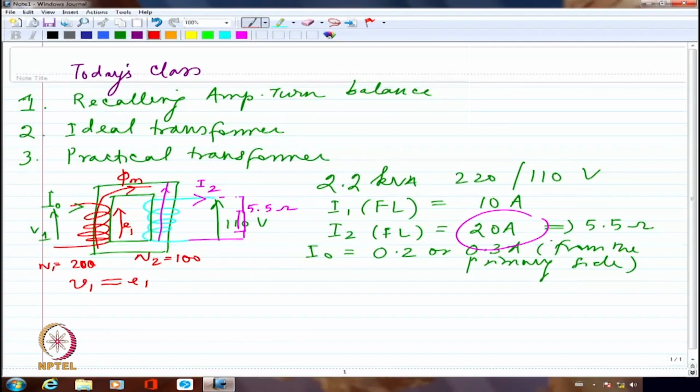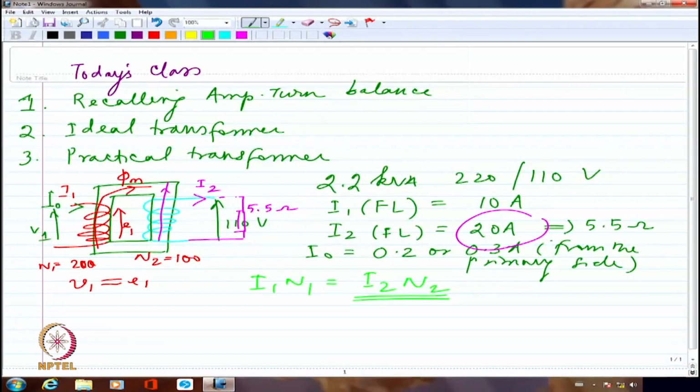So I am essentially going to have I1, originally it was I0, now I am going to have I1, and I1 N1 is equal to I2 N2. I2 N2 was the new ampere turns that were created because of the load current, and I1 N1 is the current where the primary has essentially drawn excessive current to make sure that I2 N2 is nullified.